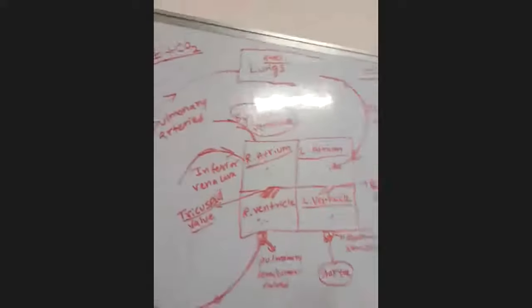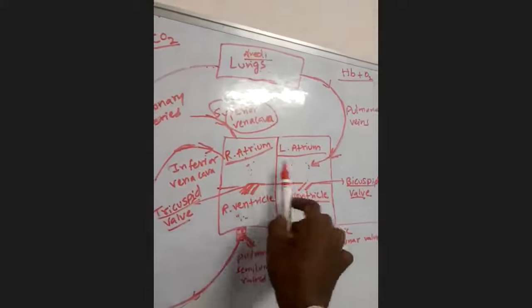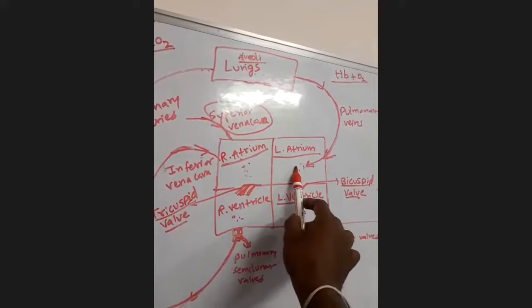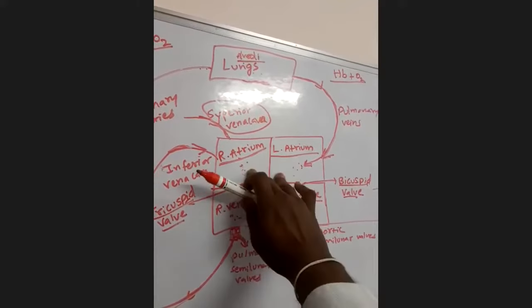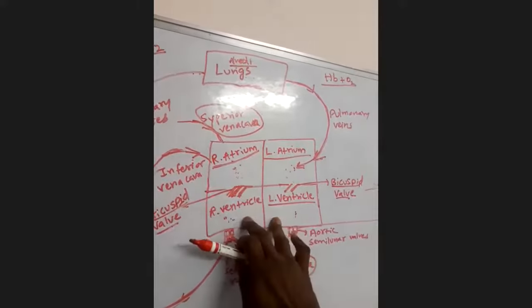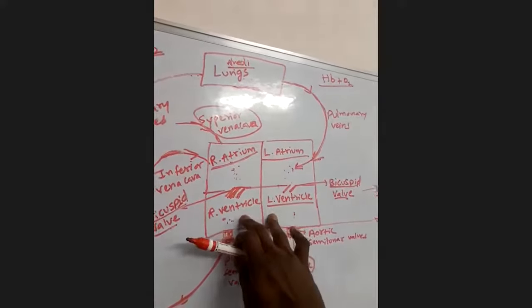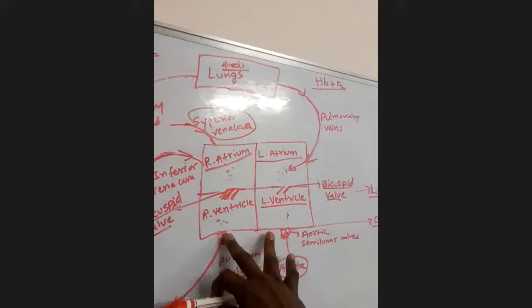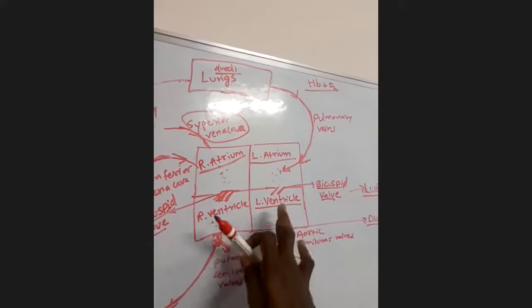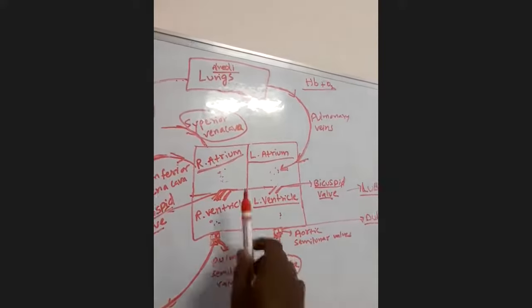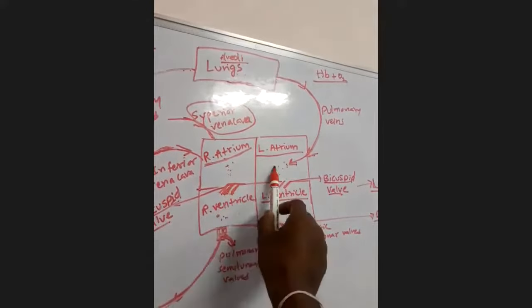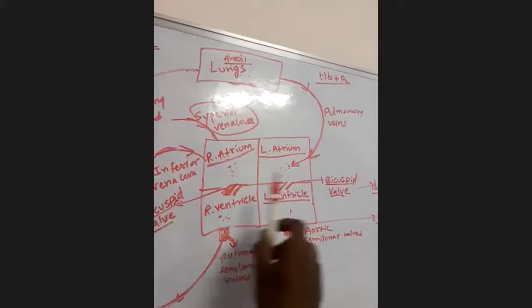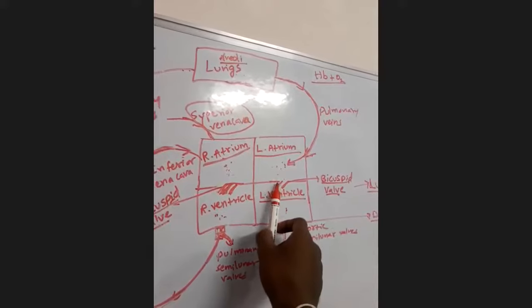So what is happening here? The two atria are filled at the same time and emptied at the same time into the ventricles, and the blood in the ventricles is emptied at the same time into the pulmonary artery and aorta. When the blood is emptied, the tricuspid valve and bicuspid valve are closed at the same time.